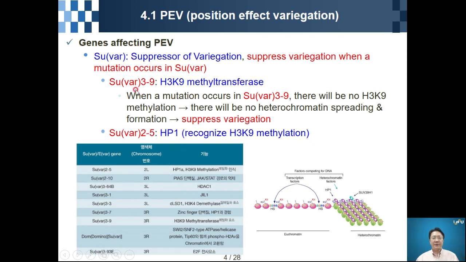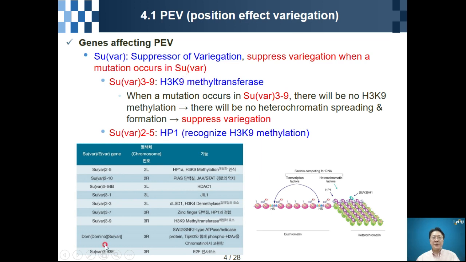Let me start with SU(VAR). What is a suppressor of variegation? It means that variegation is suppressed when a mutation occurs in SU(VAR).